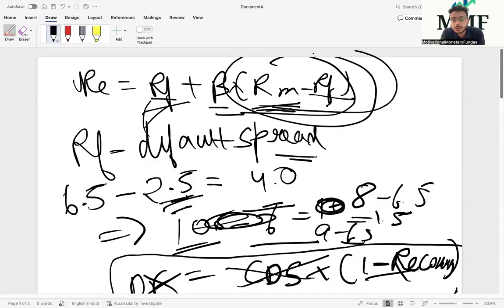So this is something called equity risk premium. This bracket is called equity risk premium. This difference is called equity risk premium. And what do we mean by equity risk premium? That is, you have taken additional risk in the market to make additional return. Because in case of risk-free securities, which are absolutely risk-free now, because we have adjusted the risk-free rate by deducting the default spread, you are taking negligible risk in the market.